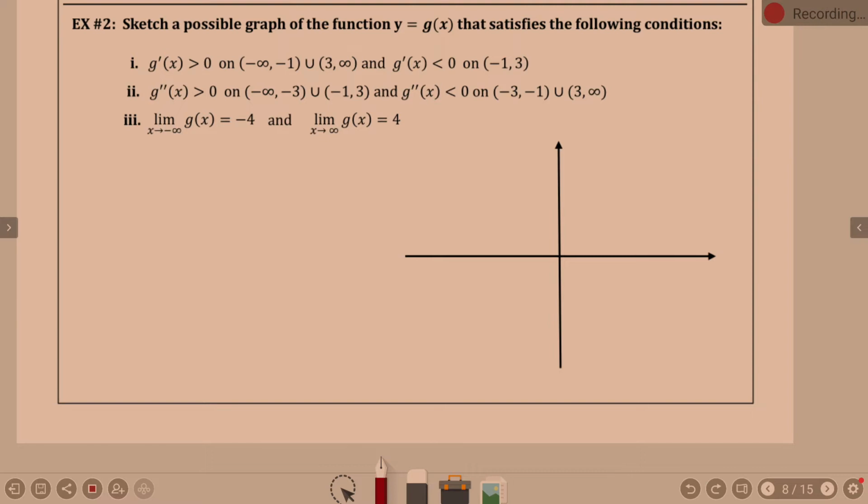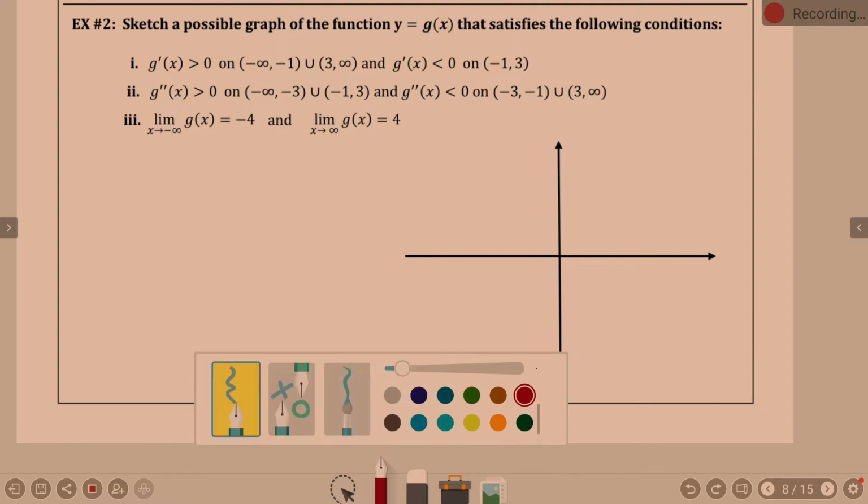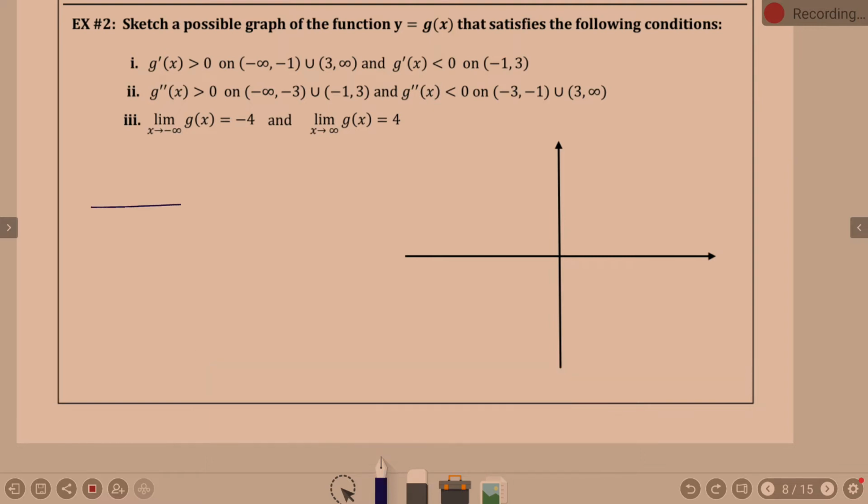First derivative. You can choose to put this information all together however you want, but I am going to do some number lines. So this is my first derivative number line. As I look at option 1 here, I see that there is first derivative information at -1 and 3. So I'm going to put -1 and 3 on my number line and consider what my first derivative is doing in each of these sections.